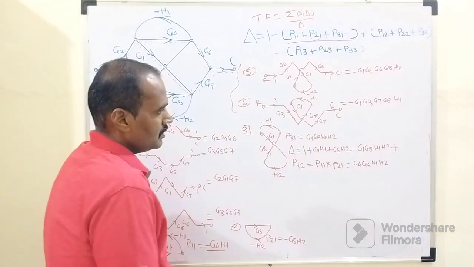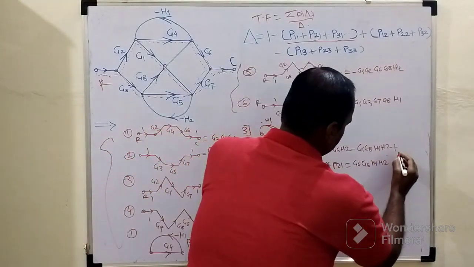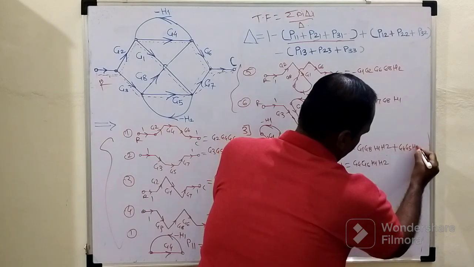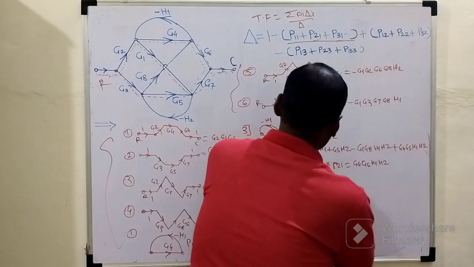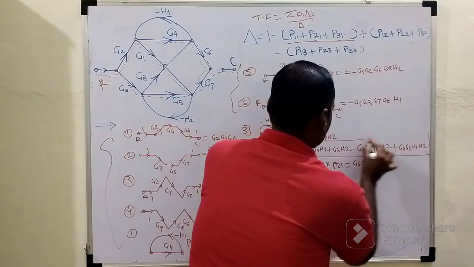As far as this delta is concerned, plus this term is to be written, G4 into G5 followed by H1 into H2. So this entire term can be called delta, right?